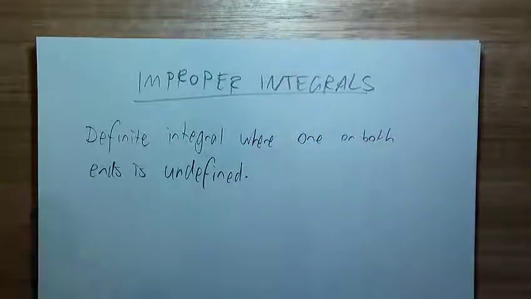It's a definite integral where one or both ends is undefined. I don't know if there's a proper definition in your notes. It's not really important. They won't ask you for the definition of it as far as I know. And there's different ways that it can happen.